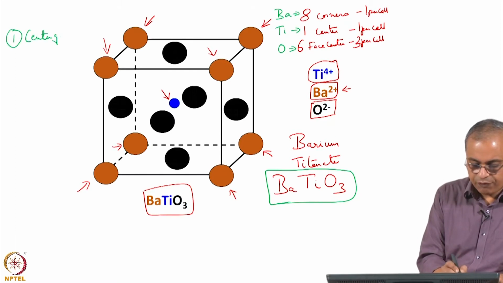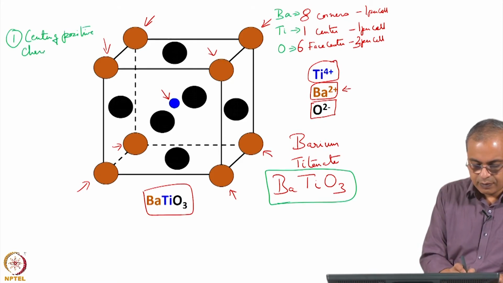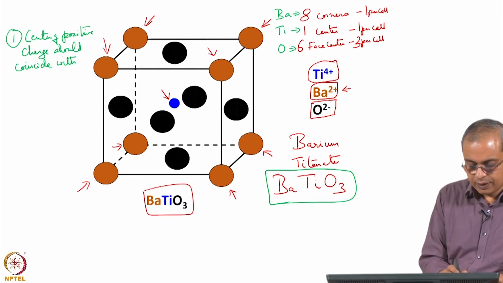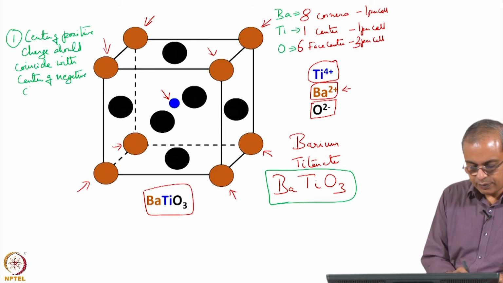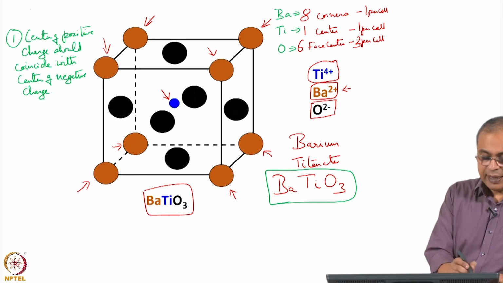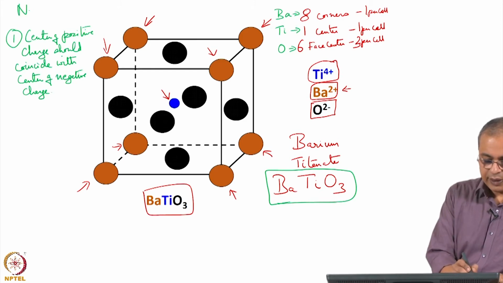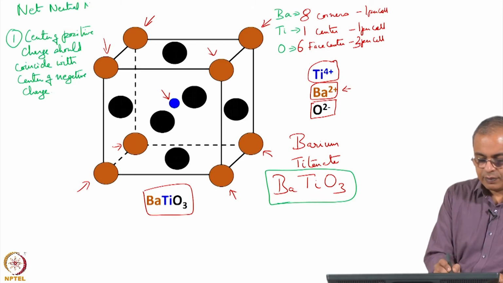So, center of positive charge should coincide with center of negative charge. So, this is for a net neutral material, which is what, like I said, most materials are.